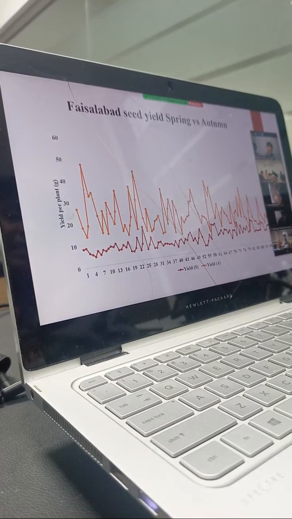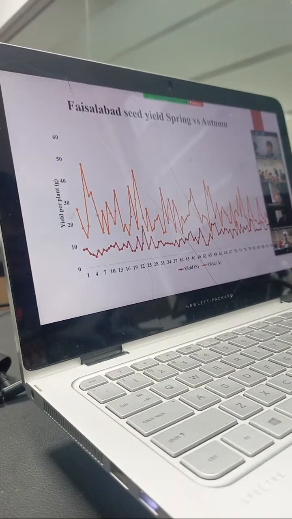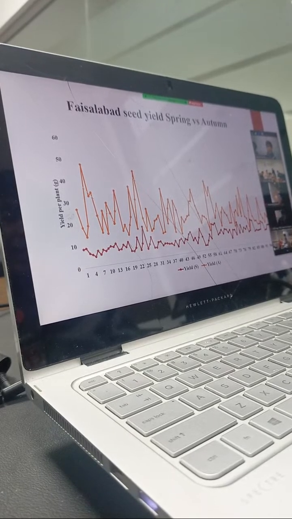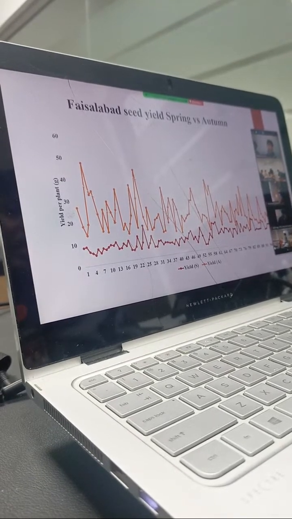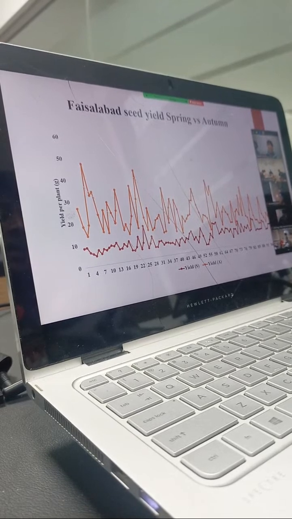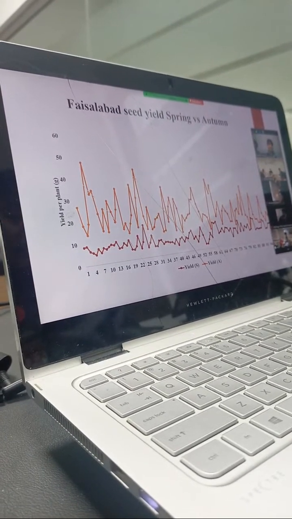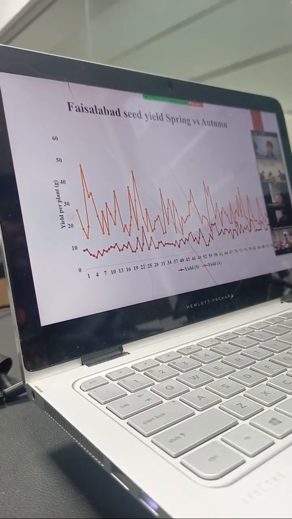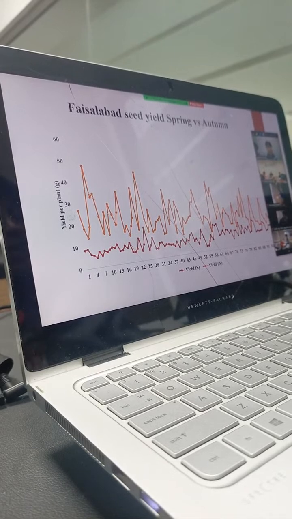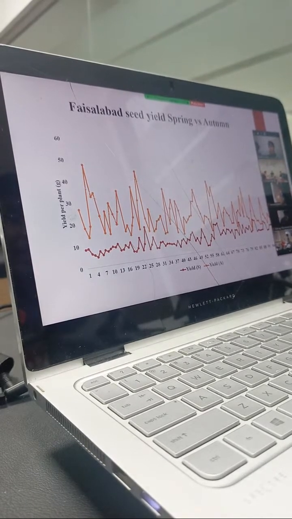Then this is the representation from 4 areas, and here we are just presenting some of the selected lines. You can see the yield in autumn and spring season, so there is a difference in performance between these two seasons.